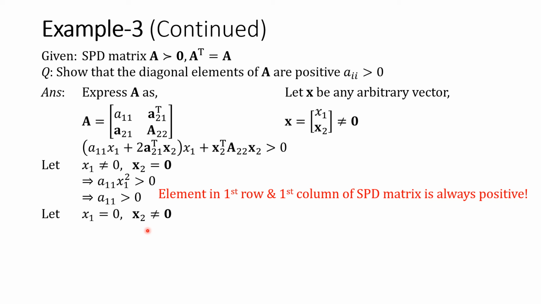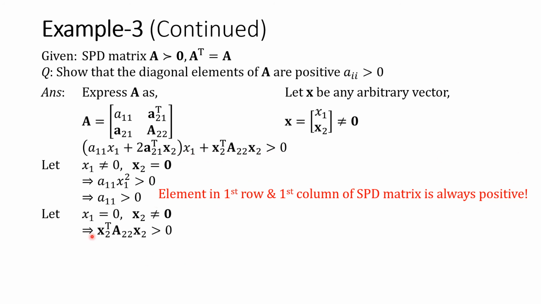Now, let's assume x1 is 0 and x2 is non-zero. Because x is non-zero, that would make this strictly greater than 0.